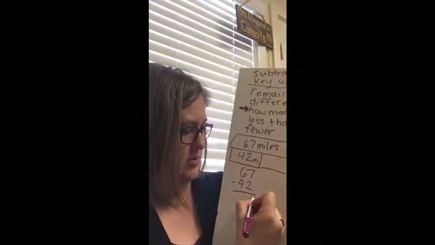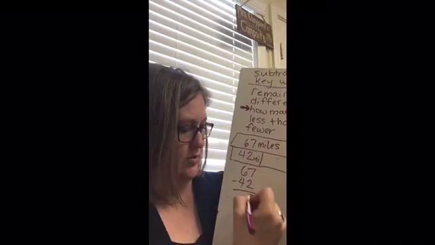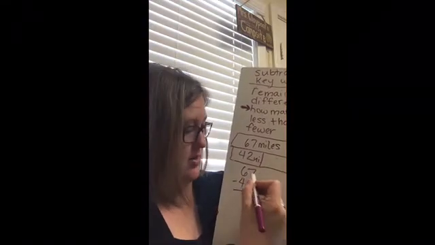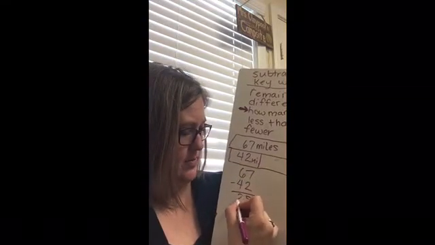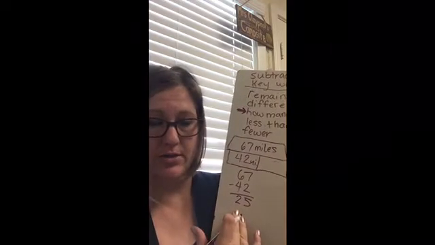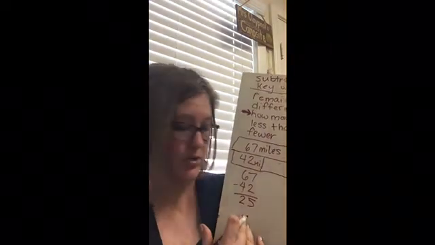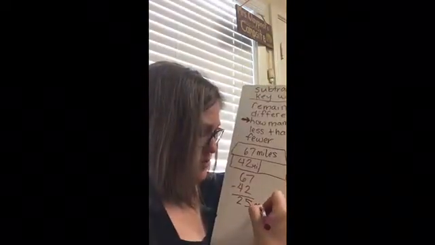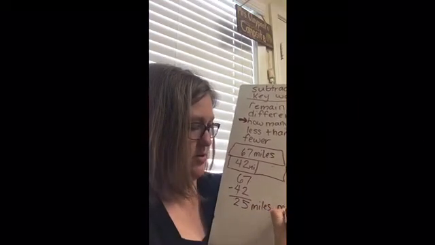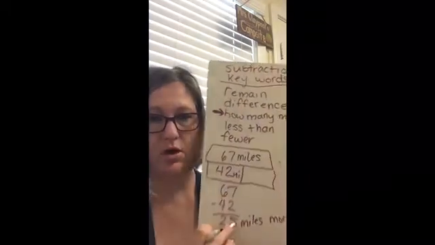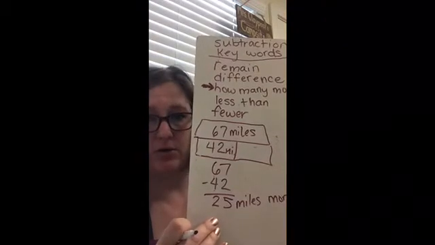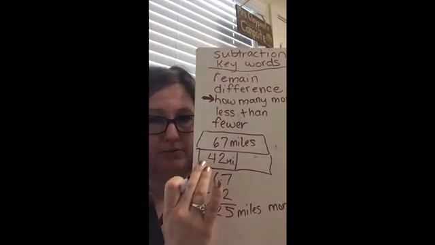So 7 minus 2 is 5, so we have 5 ones, and 6 minus 4 is 2, so we have 2 tens, and that number, as you know, is 25. So car A drove 25 miles more than car B.